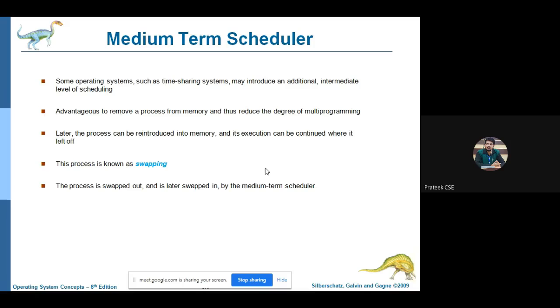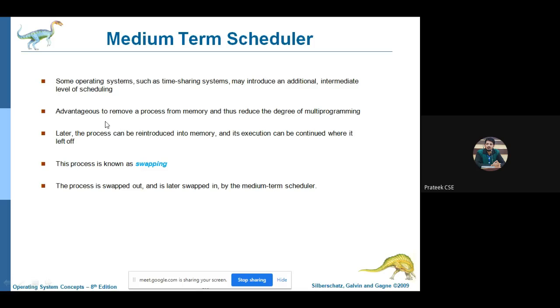This process of taking a process out of the main memory back to the hard disk is known as swapping, and the process is swapped out from the main memory and later on, whenever required, it is swapped in, and this is the task of the medium-term scheduler.